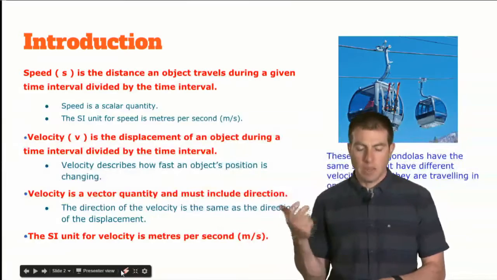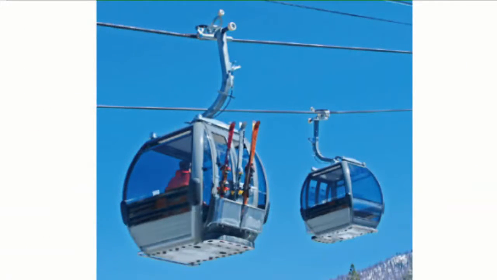To demonstrate that, we have the picture of gondolas. If you've ever been to Big White or Silver Star, or maybe you've been up a gondola to some mountain peak, when we talk about speed, these gondolas are going at the same speed. They're all attached to the same cable, so as the cable rotates, the gondolas all move at the same speed. But if I were to ask you about velocity, that's different.